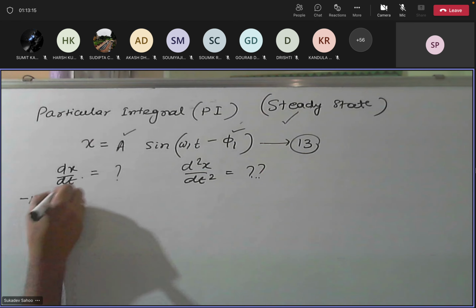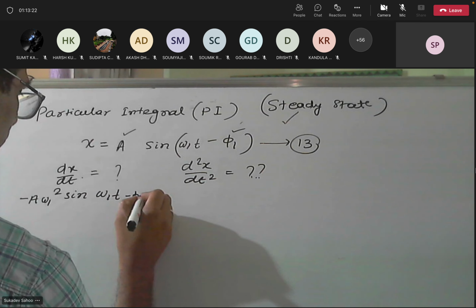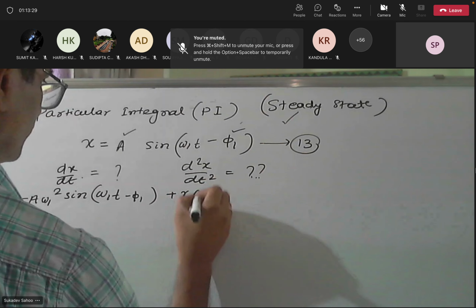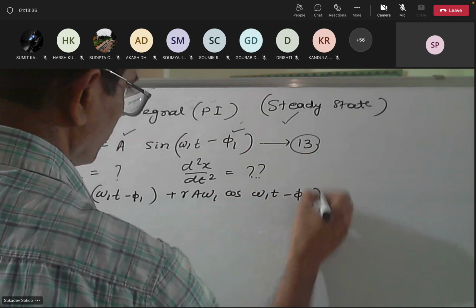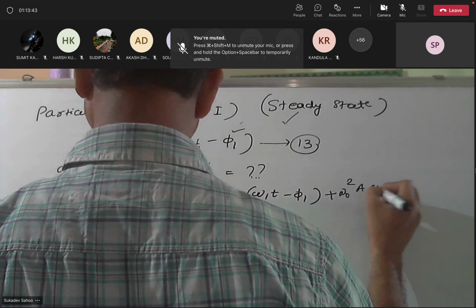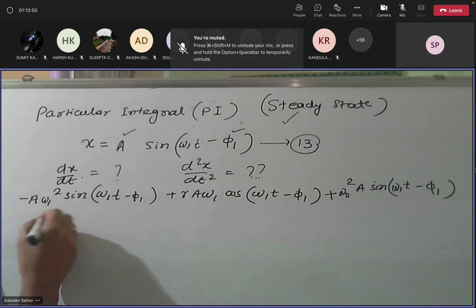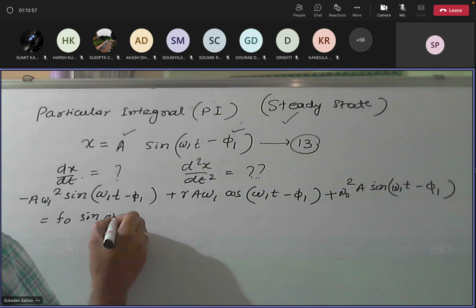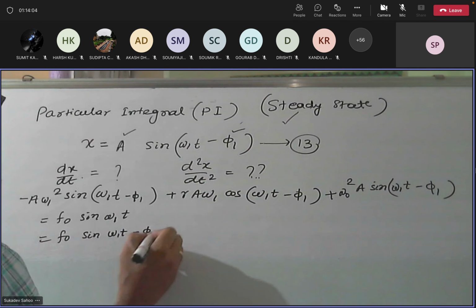Only by substituting these values, we can write this, which can be written as F0 sin of omega 1 t minus phi 1 plus phi 2.